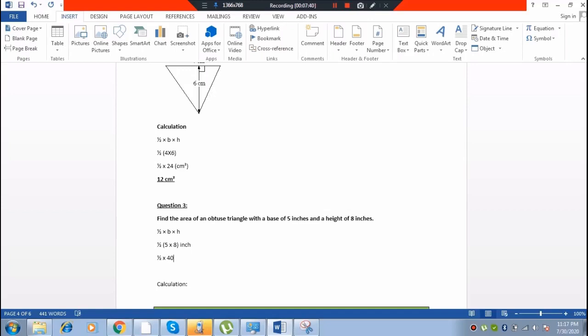That gives 40, if my calculations are right. Remember to include inch squared. So half times 40, that's as good as half of 40, so our area is equal to 20 inch squared.